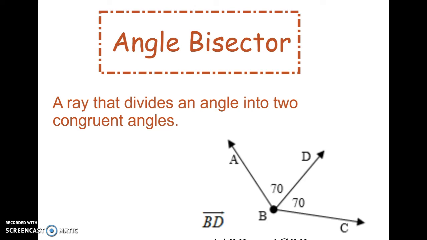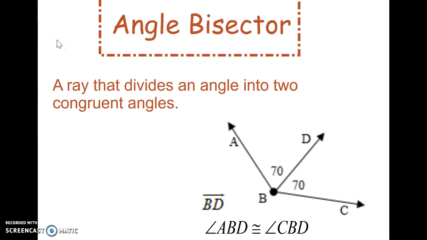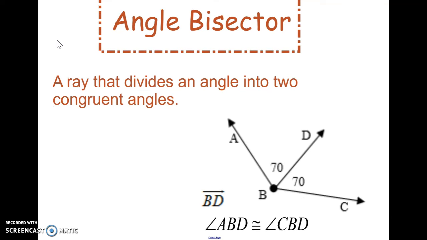Number 12 is an angle bisector. A ray that divides an angle into two congruent angles. So hey, this is really similar to segment bisectors. Remember, bisector means two. Bi means two.